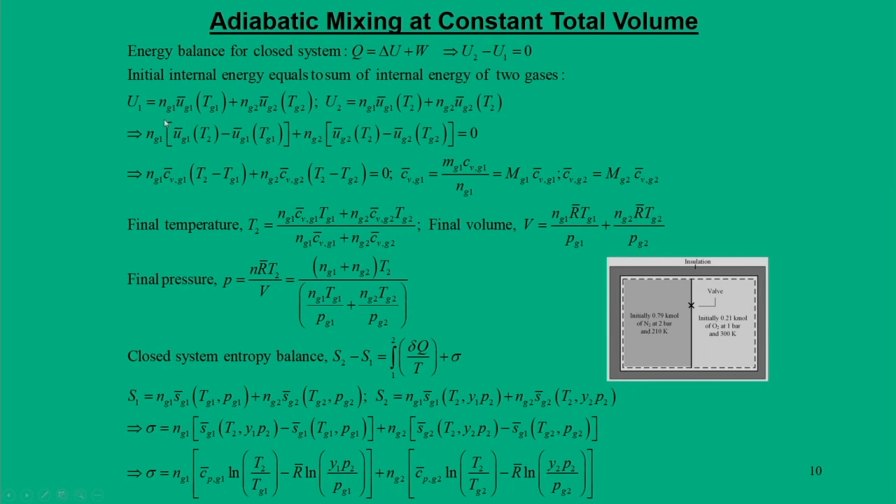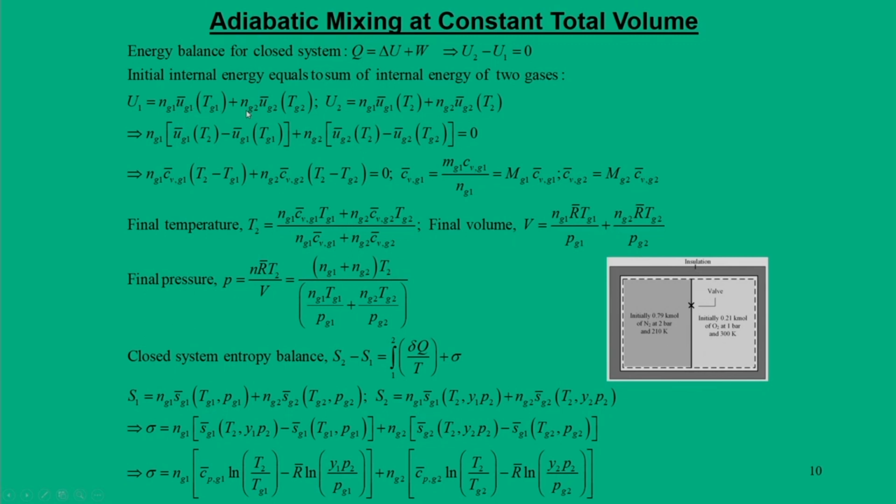For U1, you have to calculate this value based on its molar composition. If it is gas 1, its number of moles is Ng1, multiplied by its molar internal energy for gas 1 at temperature Tg1.